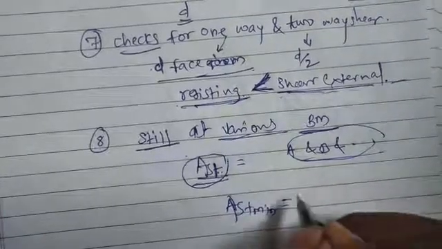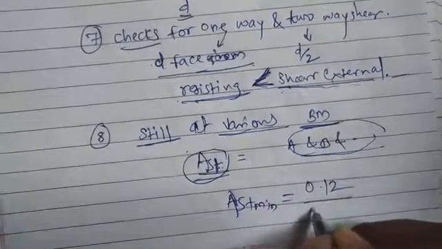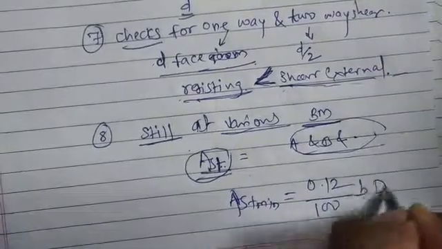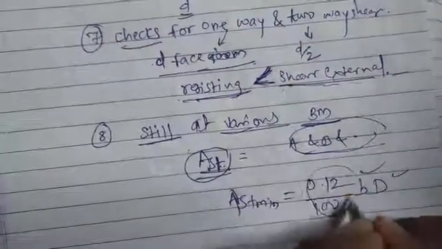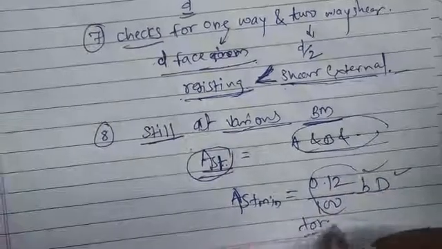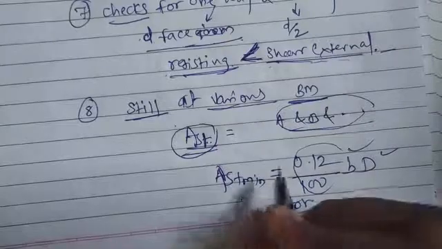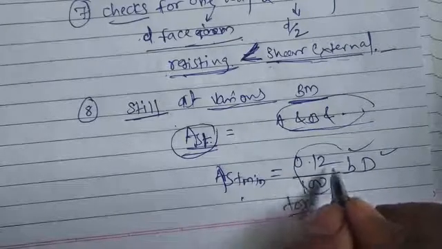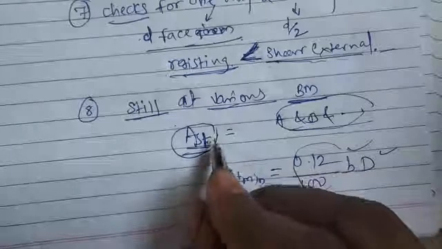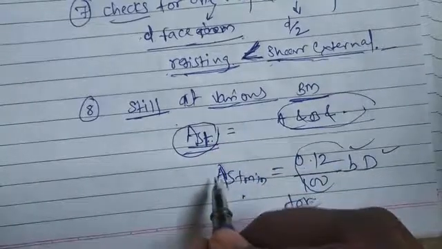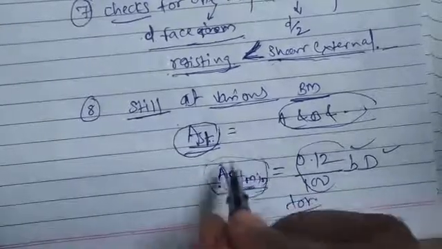Area of minimum steel at any section should be 0.12 divided by 100 into b into D. This is the overall depth, this is the width, and this ratio is for Tor steel. If Tor steel is there, then minimum area of steel at any section in the footing should be 0.12 upon 100 into bD. If any value of Ast comes less than this value, then we'll provide Ast minimum at that section.